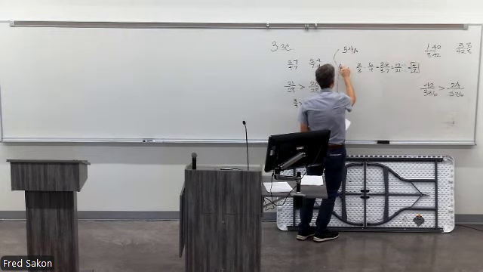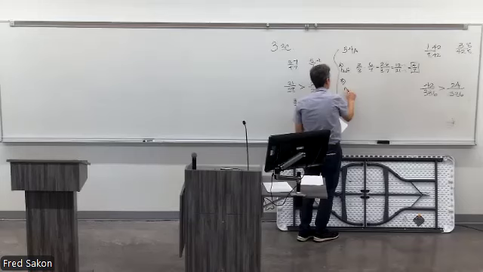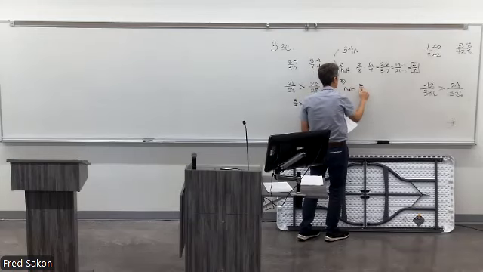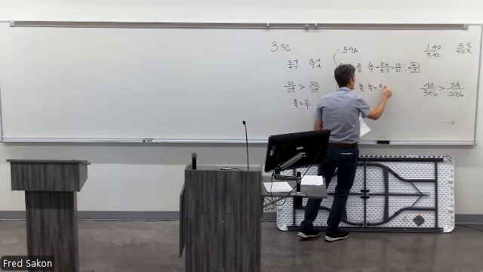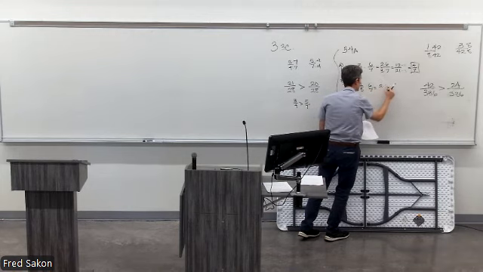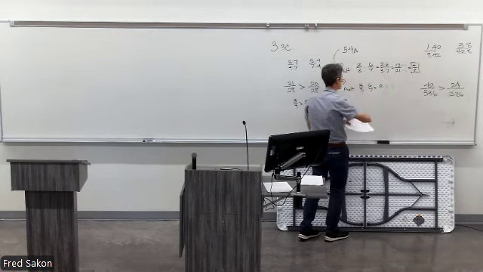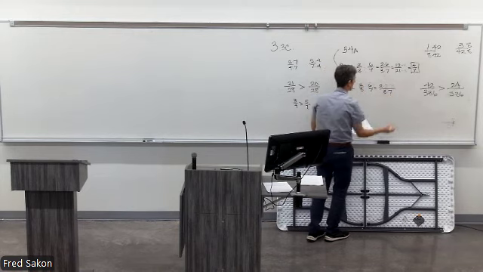Call that A route. B route to multiply these. I do 2 times and then 6 here is 2 times 3, and then 3 times 7.